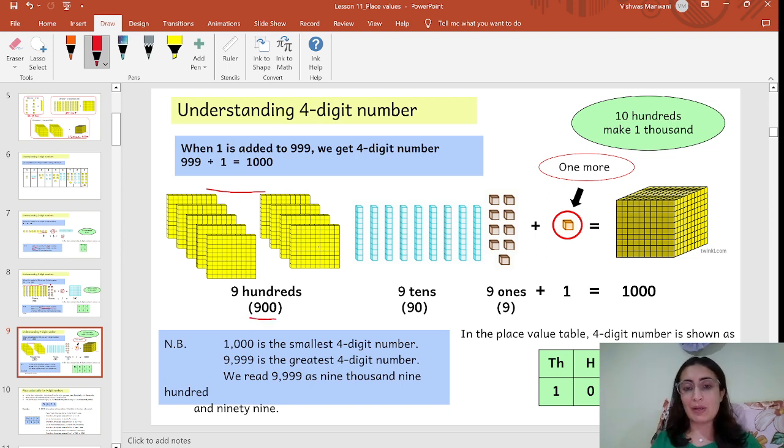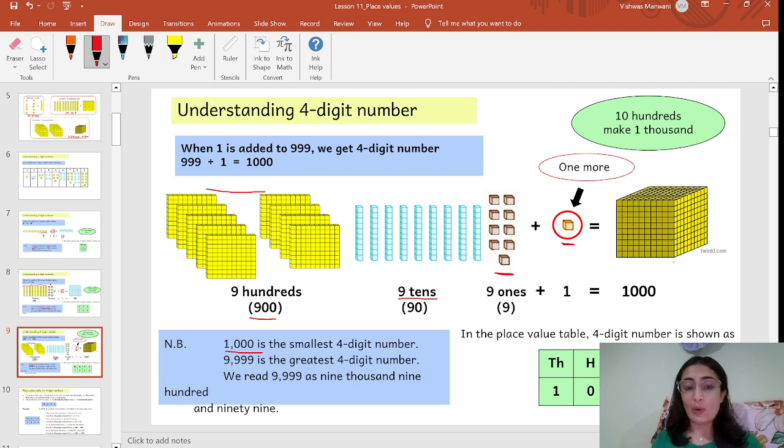Then 90 will be represented by using 9 tens, and to represent 9 ones we will take 9 single cubes. Now if we add one single cube to it, it gives us the smallest 4-digit number, which is 1000, and thousands, as I told you, is represented with the help of this block.